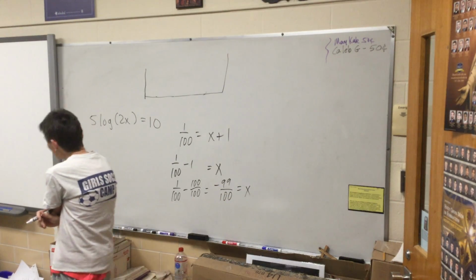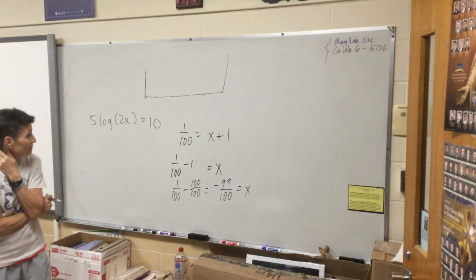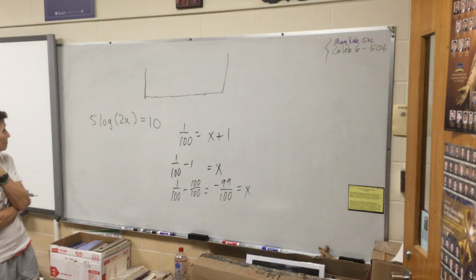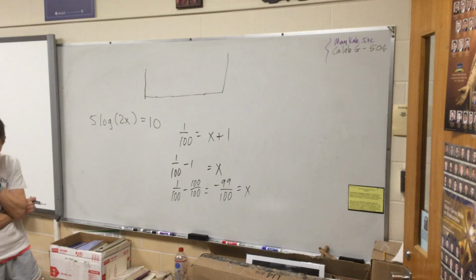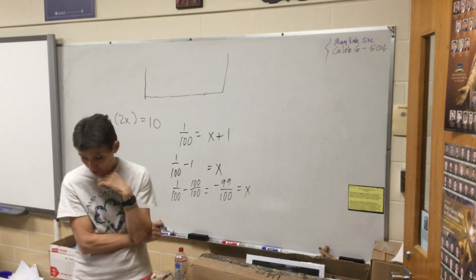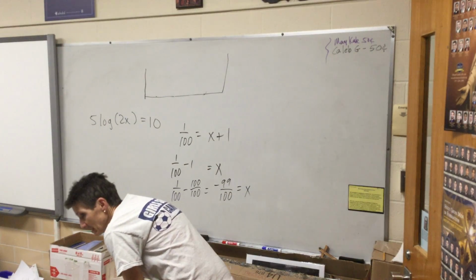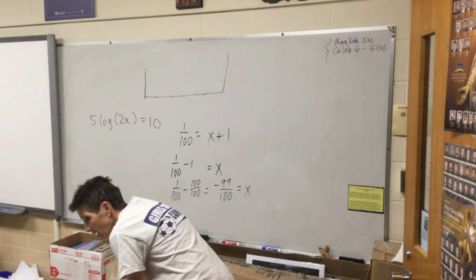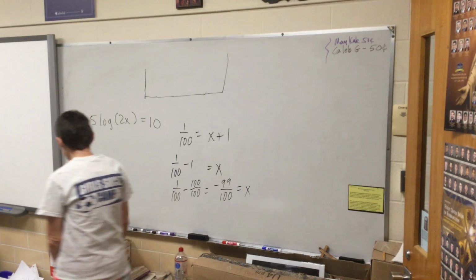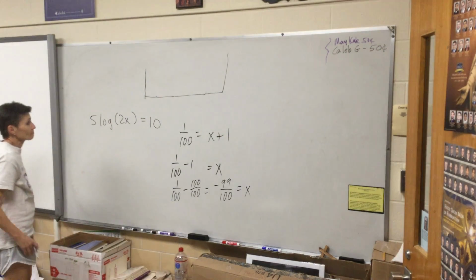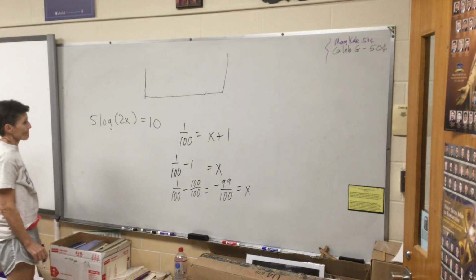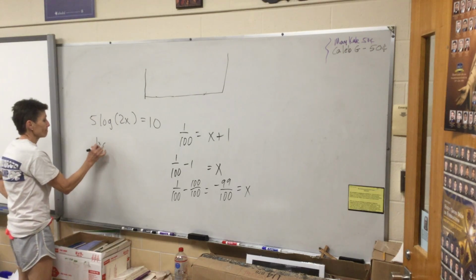If you get 50 as your answer, you did it right. So let me know if you get 50, and I'm going to have you walk us through the problem. All right, Clara, walk us through what you did. So first I divided by 5. Okay, perfect.